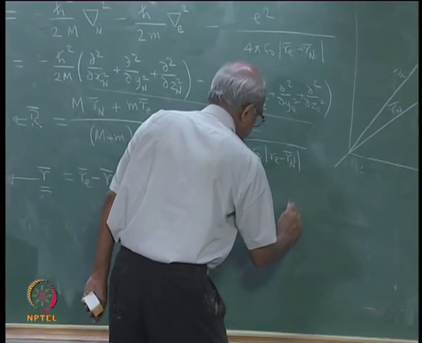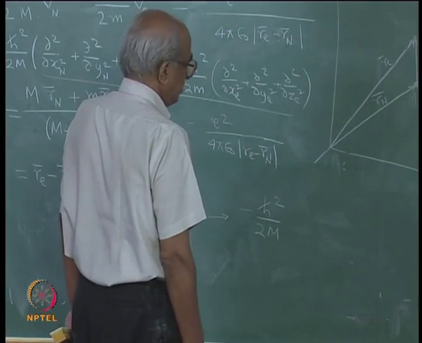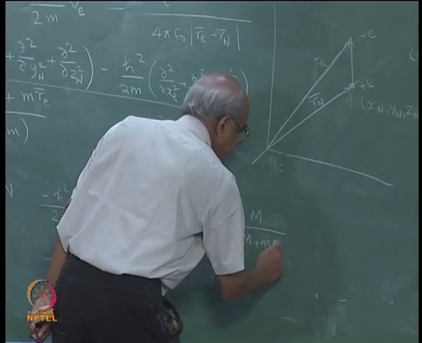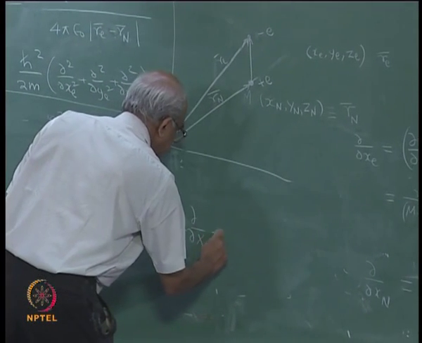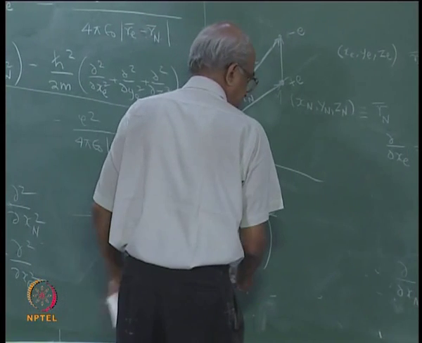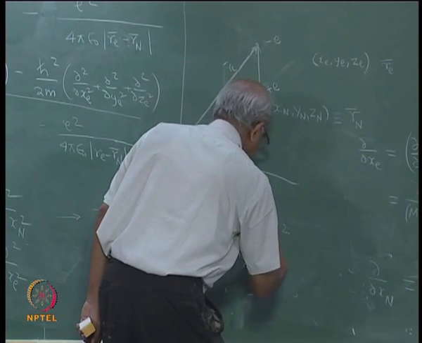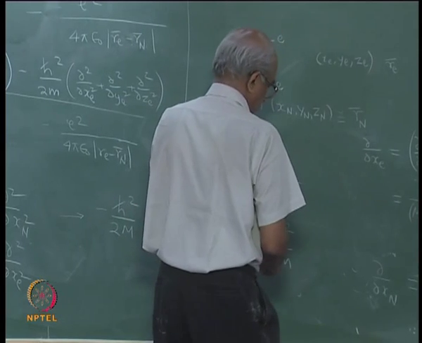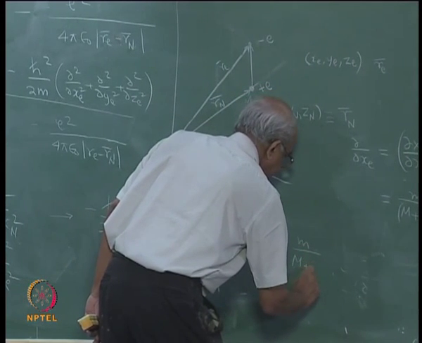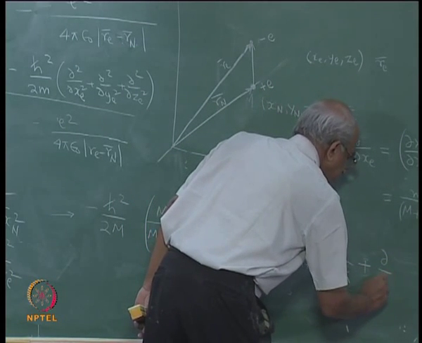So, this will become minus h cross square divided by 2 capital M, the quantity capital M divided by capital M plus small m, dou by dou capital X minus dou by dou small x, the whole square, that is one term, and the other term is minus h cross square by 2 small m, small m by capital M plus small m, dou by dou capital X plus dou by dou small x, the whole square.